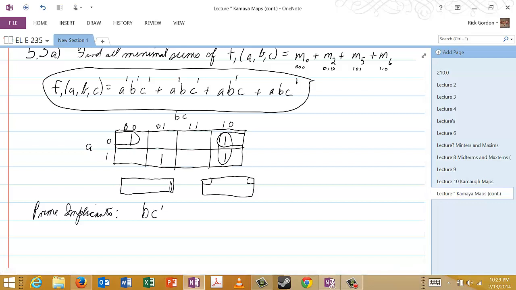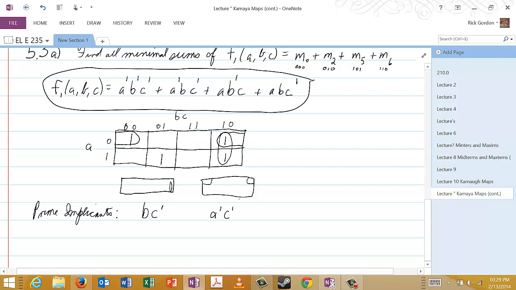And the answer is the variable B. Notice that in this one cell, B is equal to 0, and in this one cell B is equal to 1. So since B is changing, it will not appear in the name for this prime implicant. However, A is constant and equal to 0 in these two cells, and C is constant and equal to 0. So the name of this prime implicant is A prime C prime.